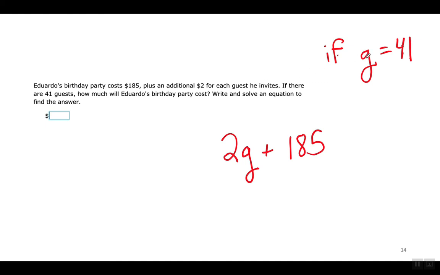Así que 2 por 41 más 185. All right, so this is going to cost $267 total.